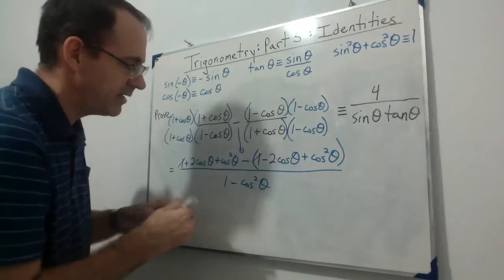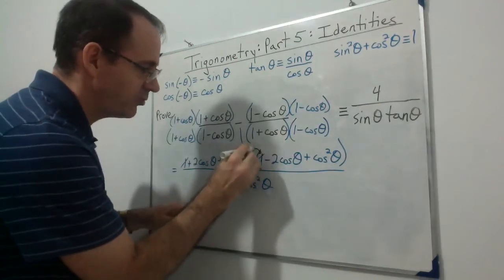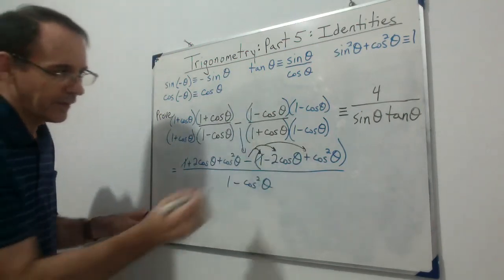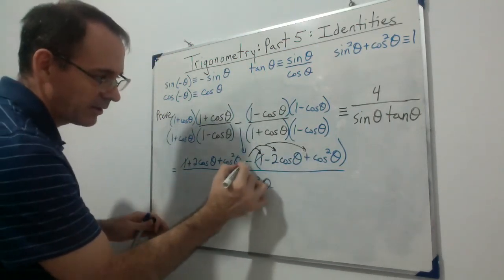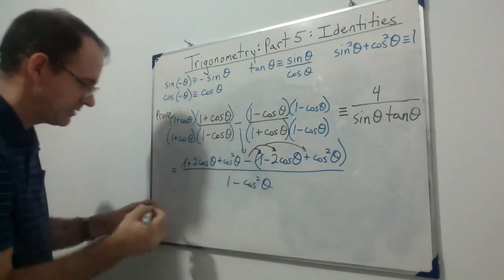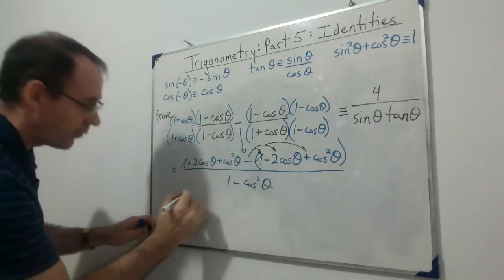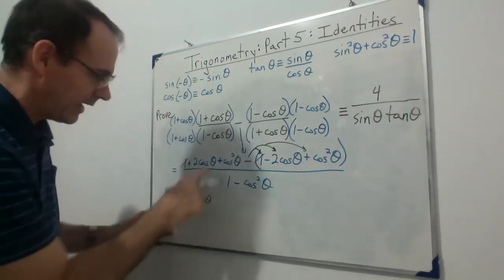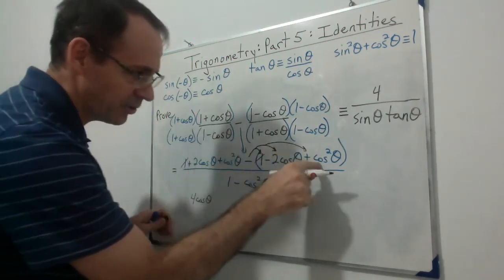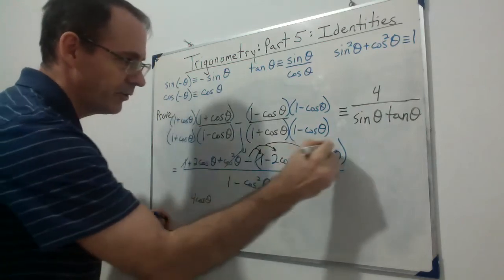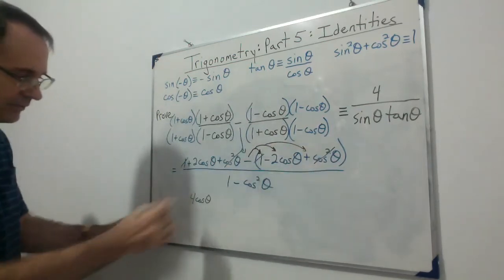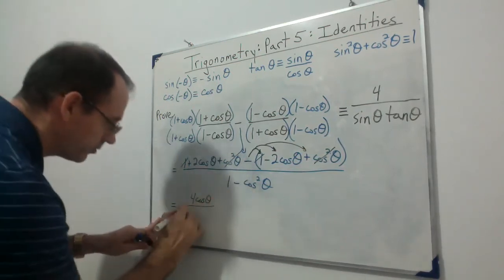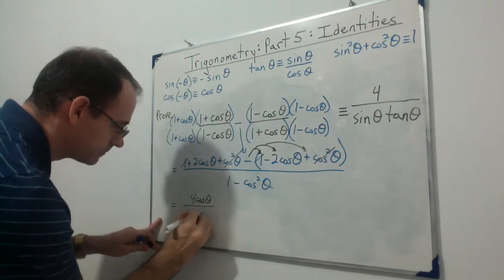So this negative is distributing to all 3 of these parts. So a negative minus a negative means plus. So we end up with 4 cosine theta, and a cosine squared minus cosine squared also cancels out. So now we have this over 1 minus cosine squared theta.